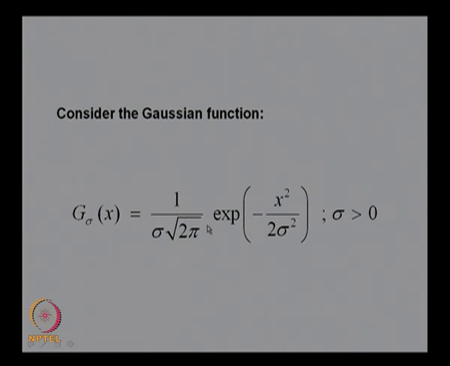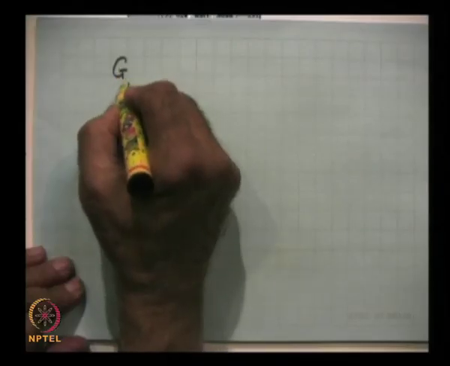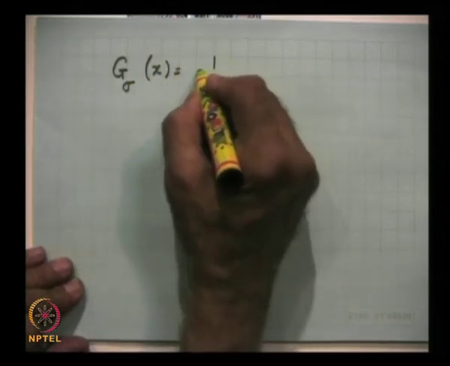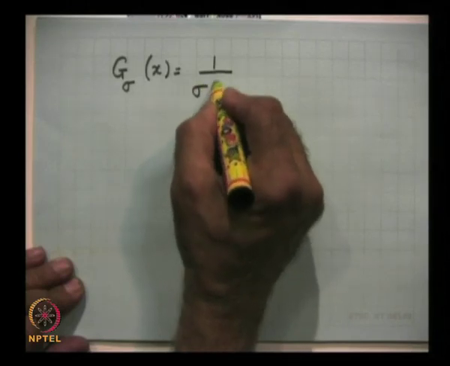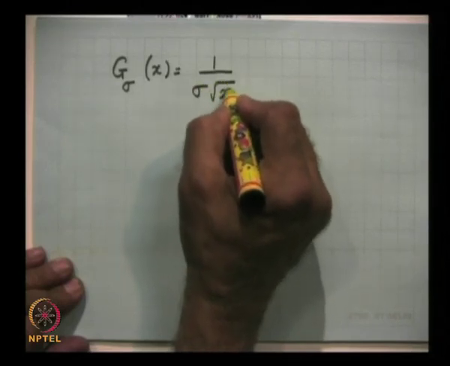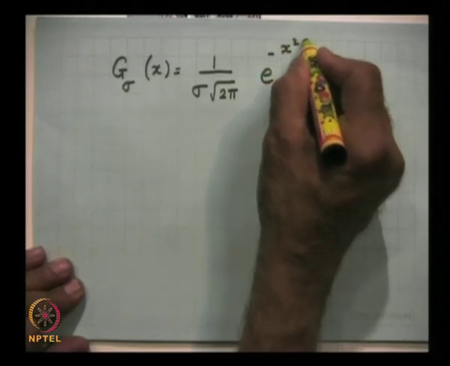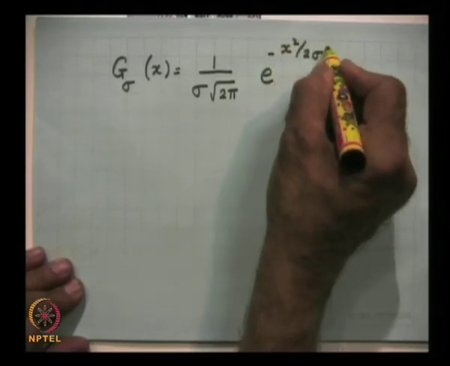We next consider the Gaussian function, which we define as g sigma of x equal to 1 over sigma root 2 pi, e to the power of minus x square by 2 sigma square.